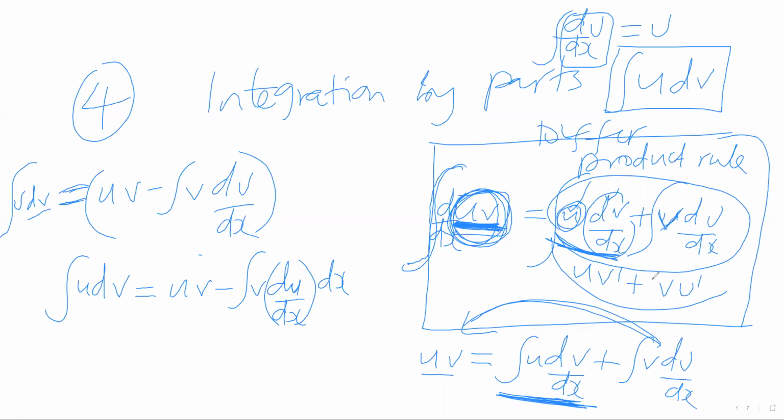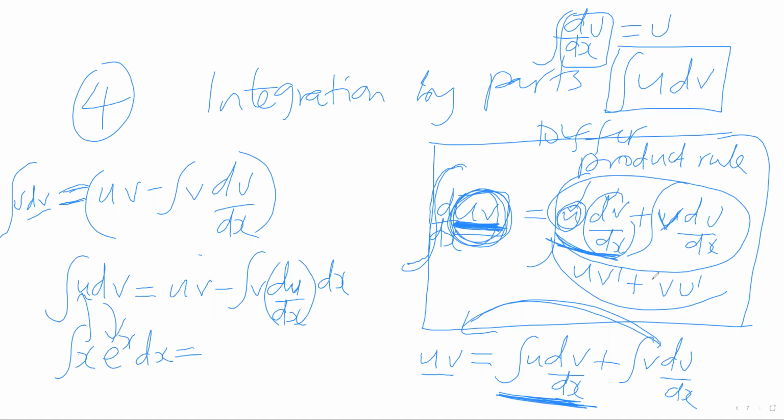And I said that you have a function maybe of this form here. So integration by parts would mean we are going to let x be u, and then that exponential function would be dv, right? That would be dv.